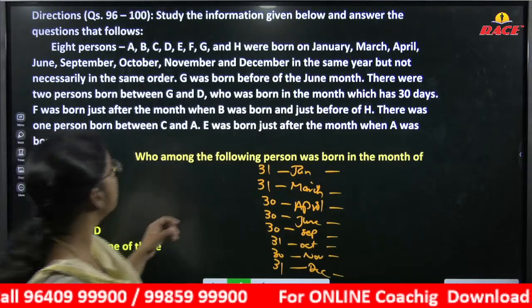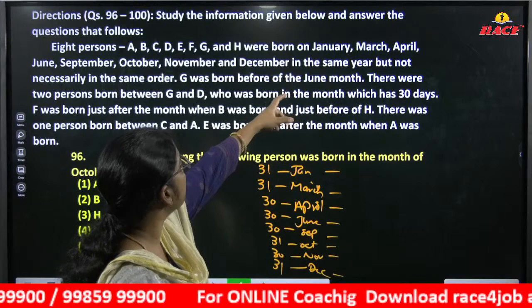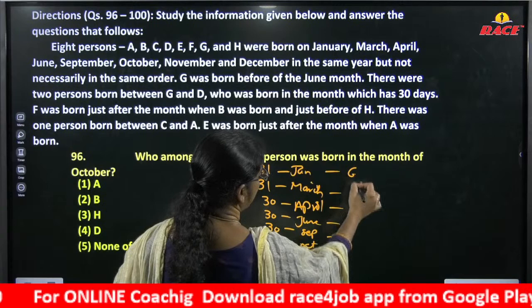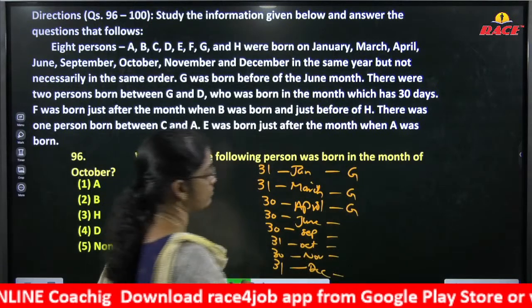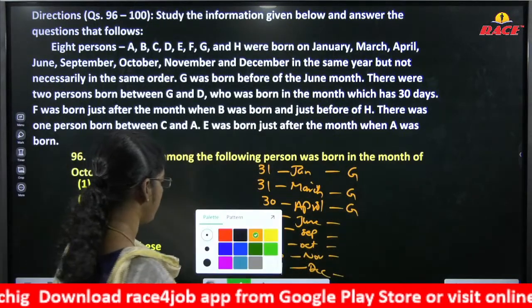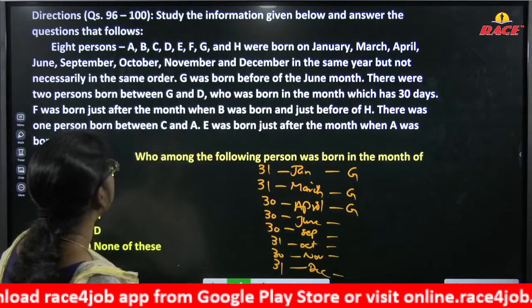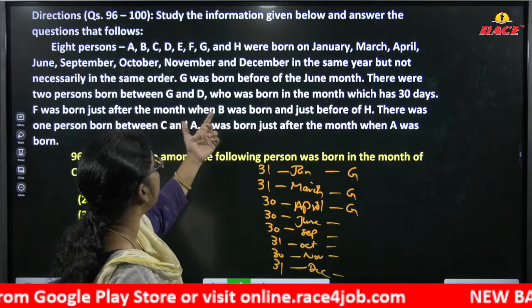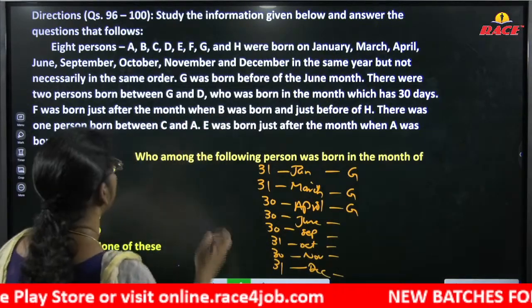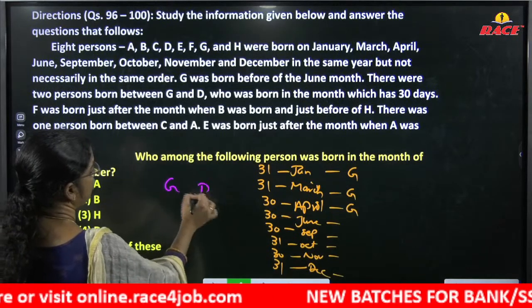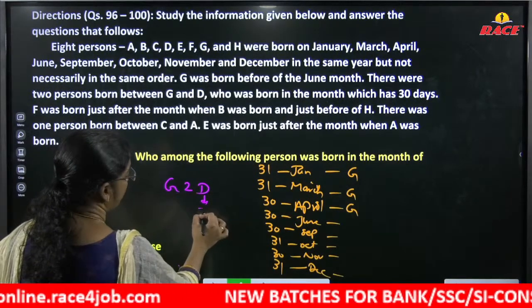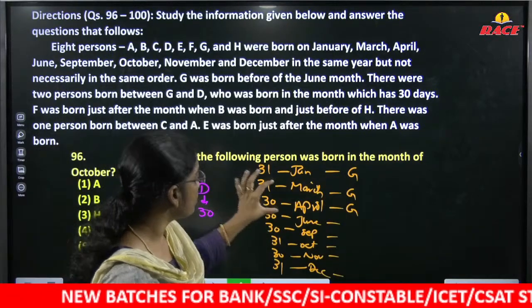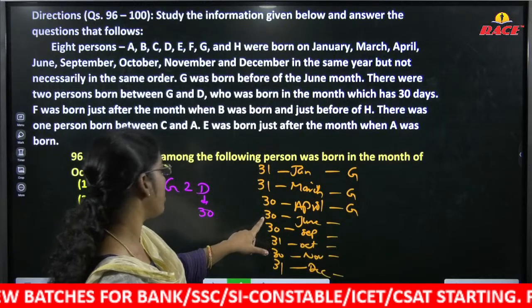Then our condition: G was born before June. That means we are getting three chances for G's position. There are two persons born between G and D, and D's month has 30 days. If you take G here, with two gaps, here we have to take D. No problem with that.